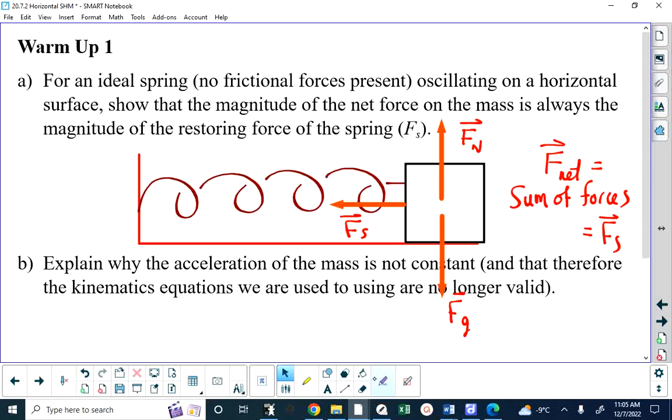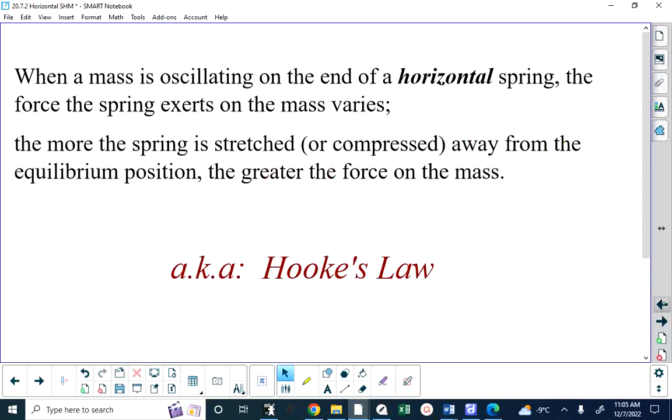Nate? Because of the spring, like if it's pushed more together or if it's stretched further out. So you're exactly right, but we can boil it down to something even more significant. Because it's stretched more or less, the force will be more or less, right?